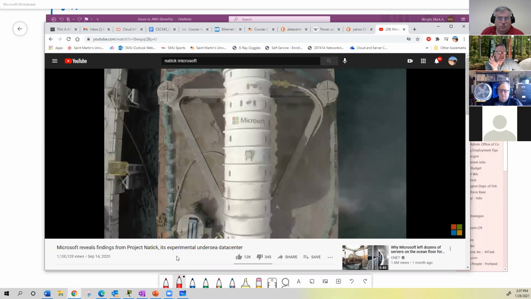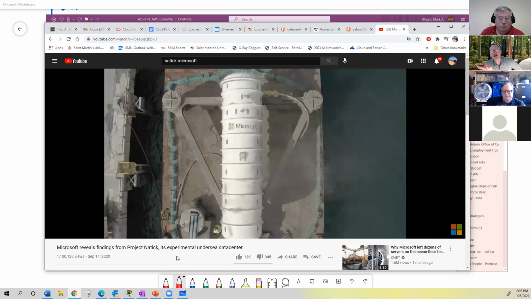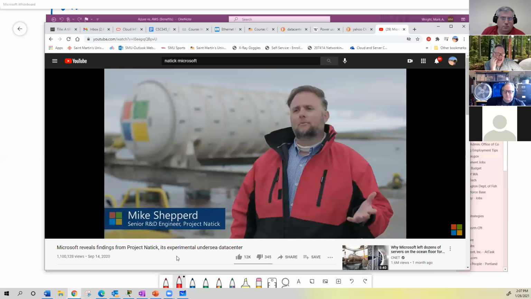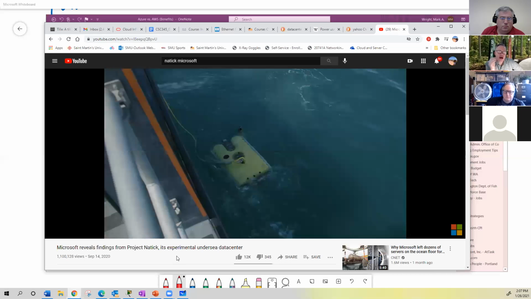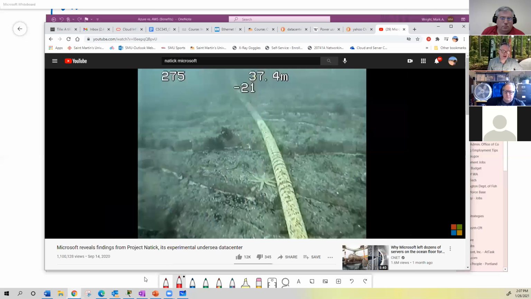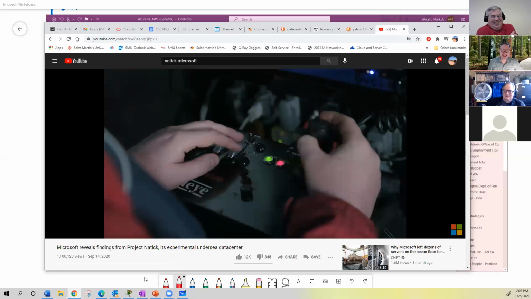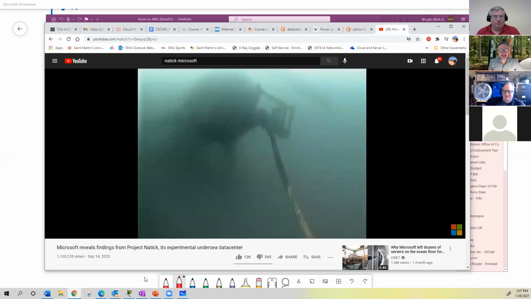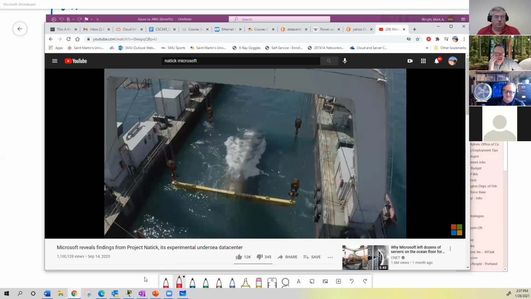They used the cold seawater to cool these servers while it was underneath, but obviously it was a self-contained data center. You're not going to be able to go in there and reboot a server. Everything has to be remote, obviously. And of course, they have cables that include data cables and power cables down to it.